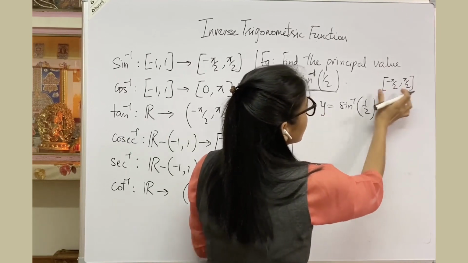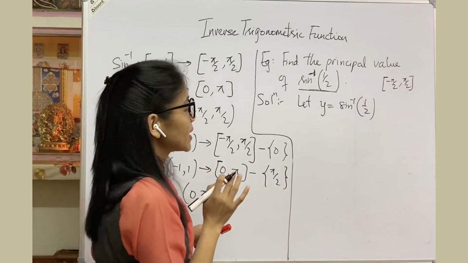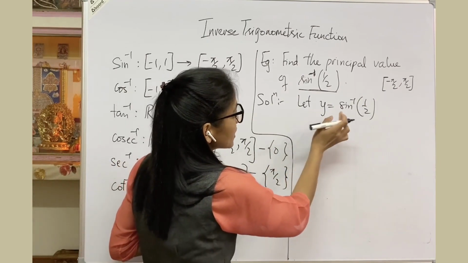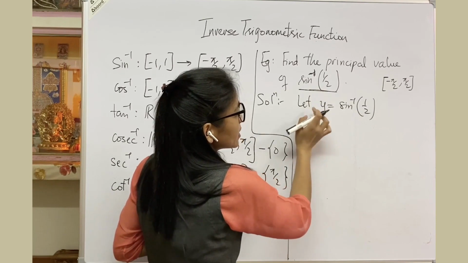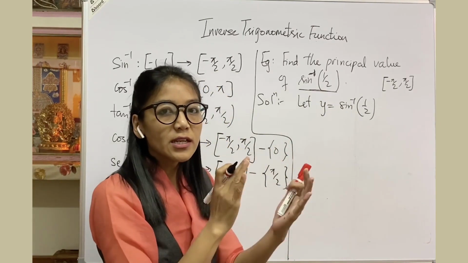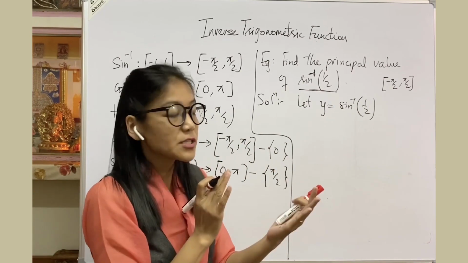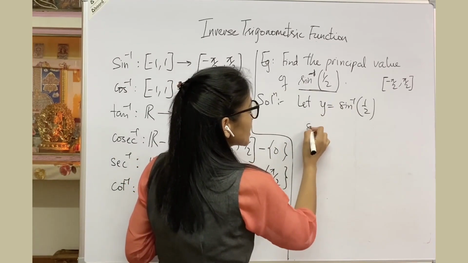Whatever value you get for y should be within this interval, so you have to remember that. Now sine inverse and sine are inverse of each other. So when I bring it over to the left hand side, sine inverse becomes sine.